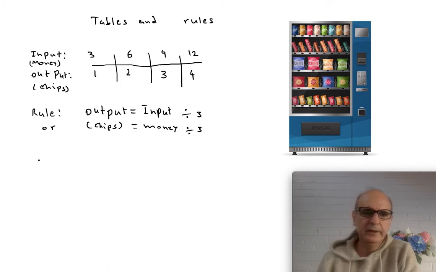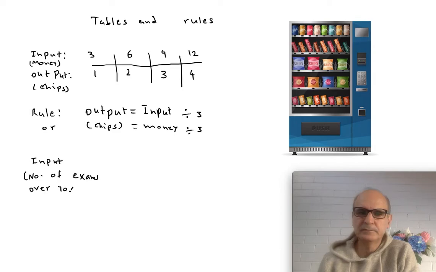So here the input is the number of exams where you got over 70%. That's your input. Then the output is the money you're getting as your prize.